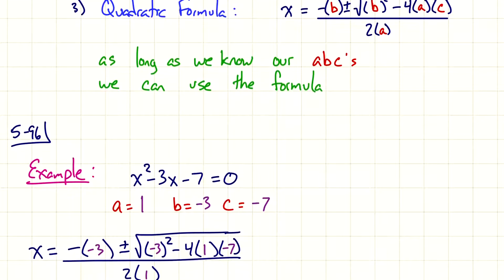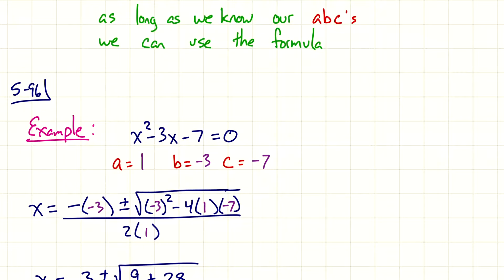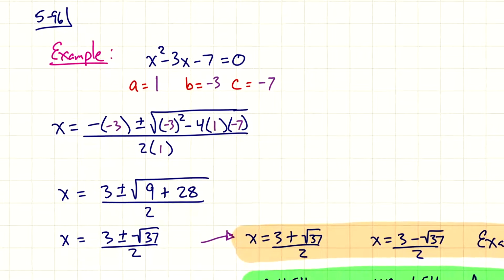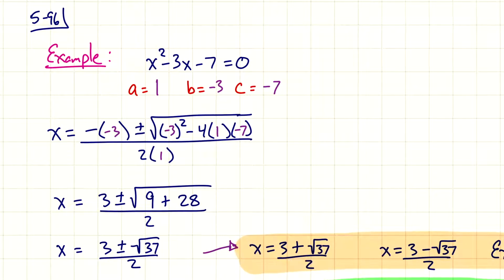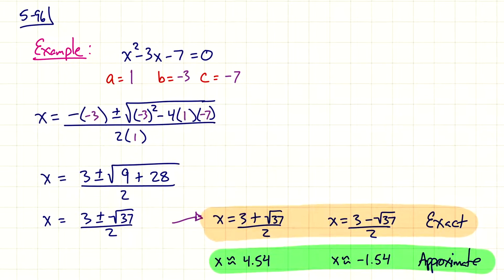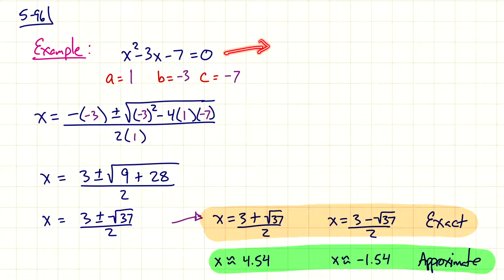Let's look at an example. This is problem 96. I already have this one written out for us. Here's the complete problem. We're given this equation, x squared minus 3x minus 7 equals 0, and we're told to solve this. You would have a couple of options.